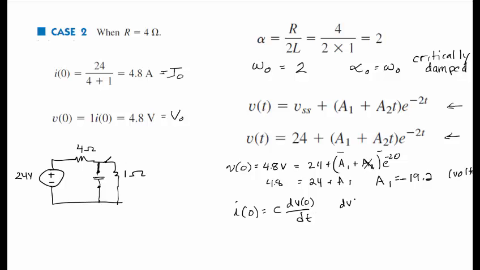So dV(0)/dt equals 1 over C times i(0), which was 4.8 amps.